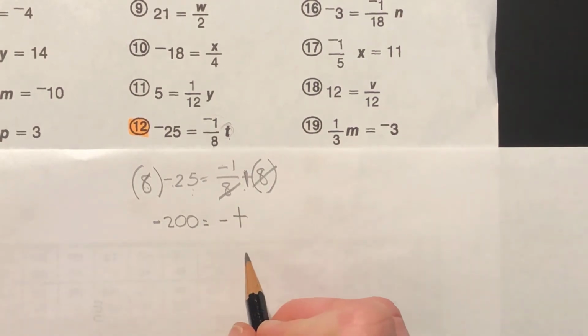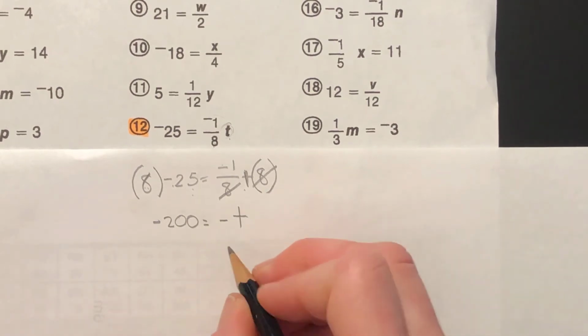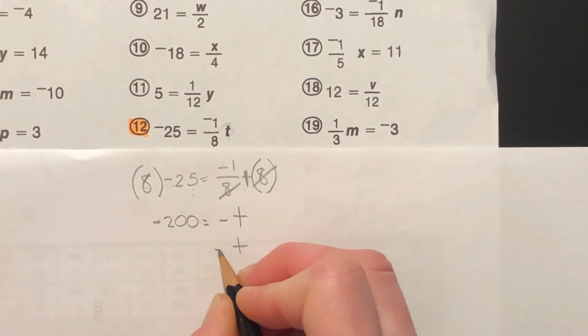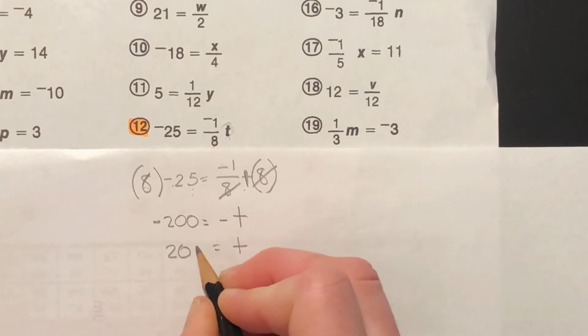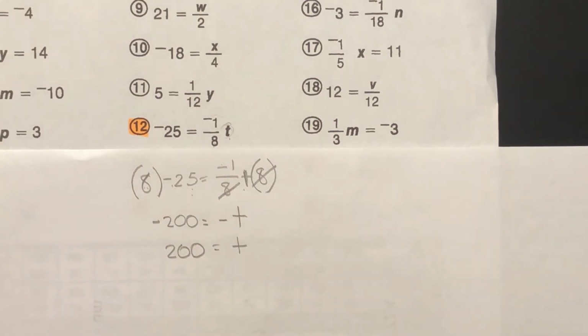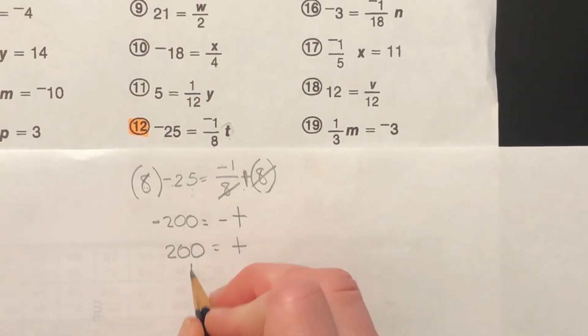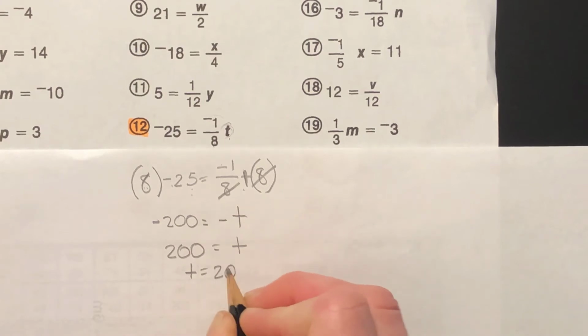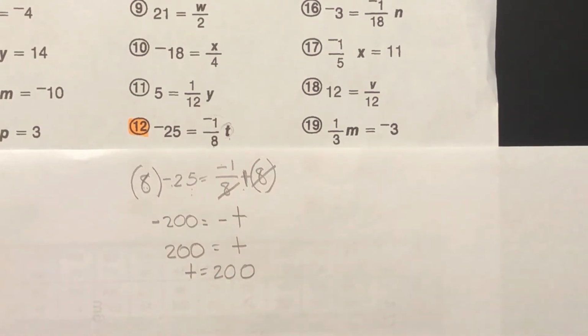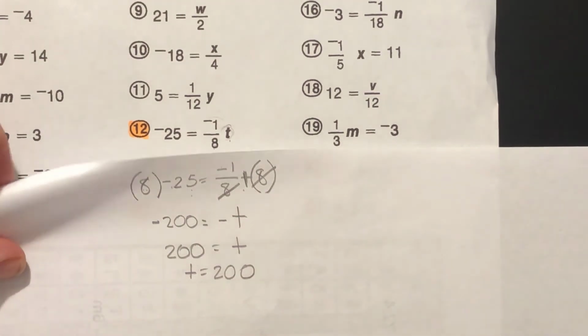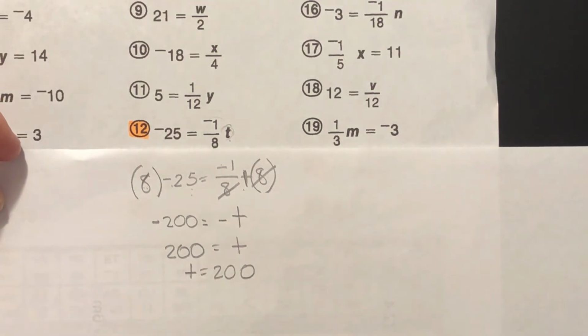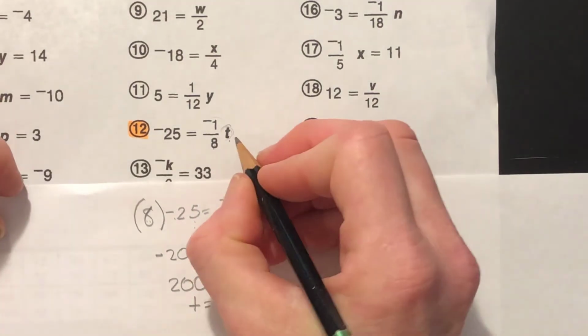If negative t is negative 200, then positive t is positive 200. And it can also be written like this. So the value for t in 12 is 200.